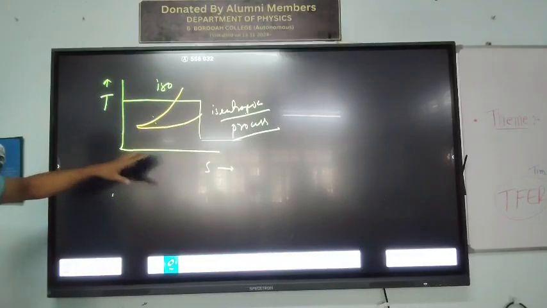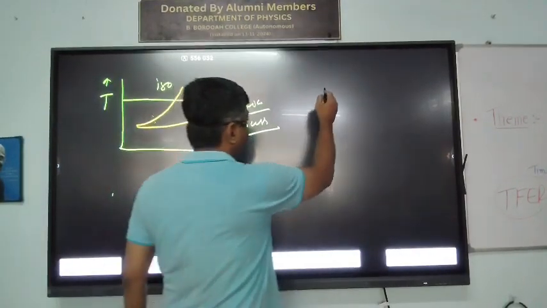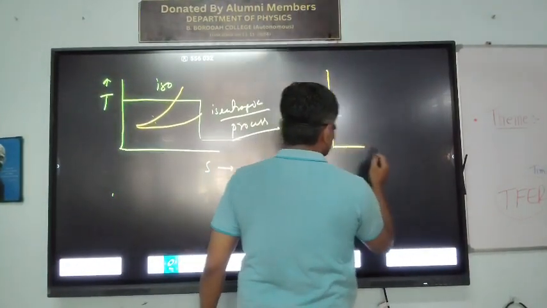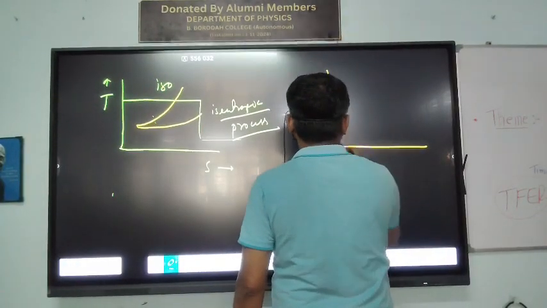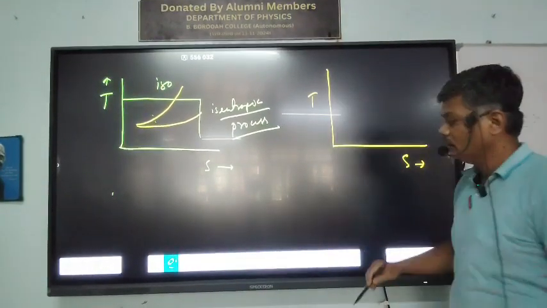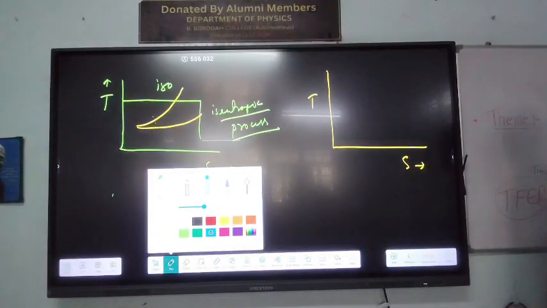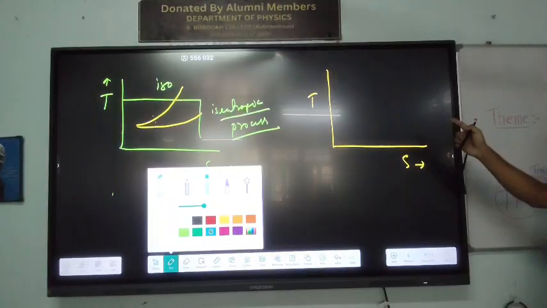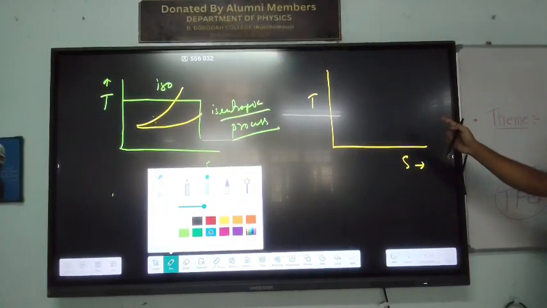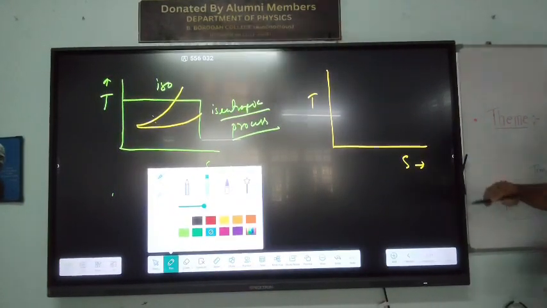Okay, this is important. If I want to represent the Carnot cycle in the TS indicator diagram, what will the Carnot cycle look like here? It will be a square or maybe a rectangle.